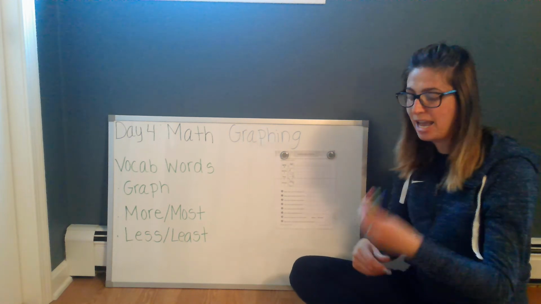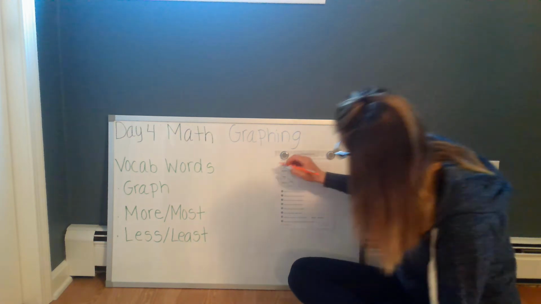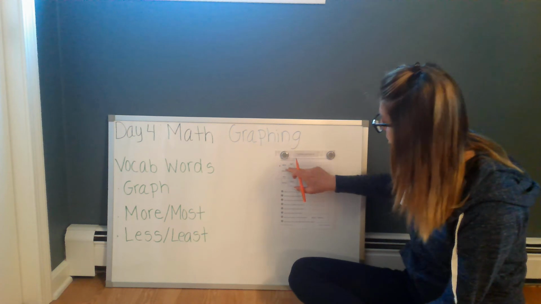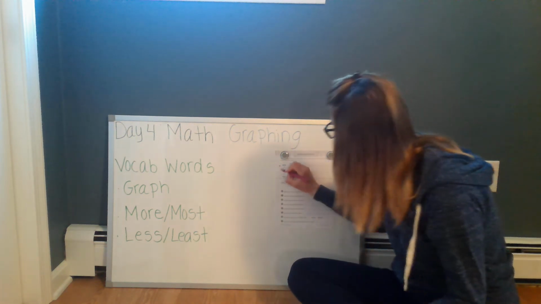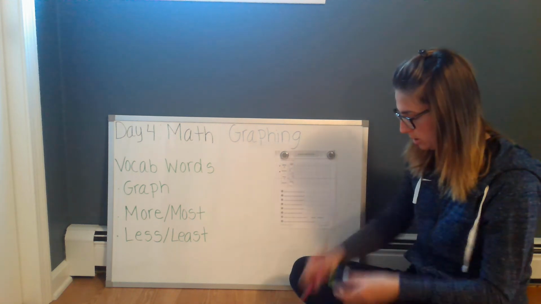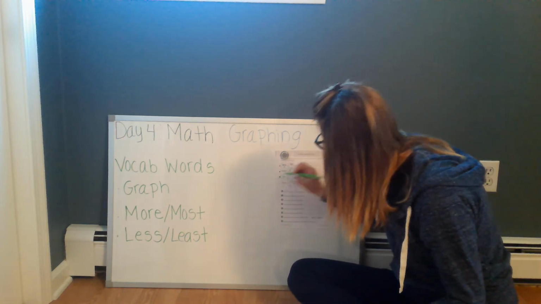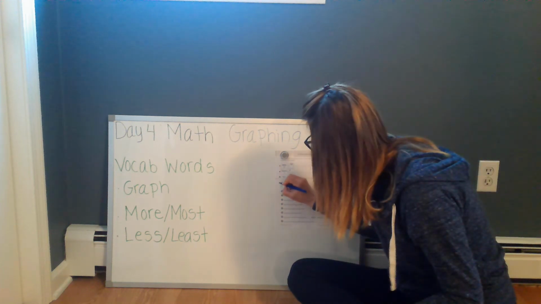I have 4 different colors, and I'm just going to put a dot next to each. Orange is going to represent my apples. Pink is going to represent my bananas. Green is going to represent my pears. And for oranges, blue is going to represent that.